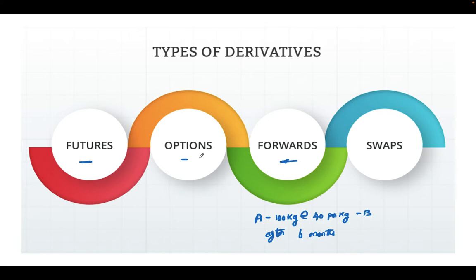Next are swaps. A swap is an agreement between two counterparties to exchange cash flow on a specified date based on the terms of the contract entered into. There are several types of swap: interest swap, currency swap, equity swap, and also commodity swap.